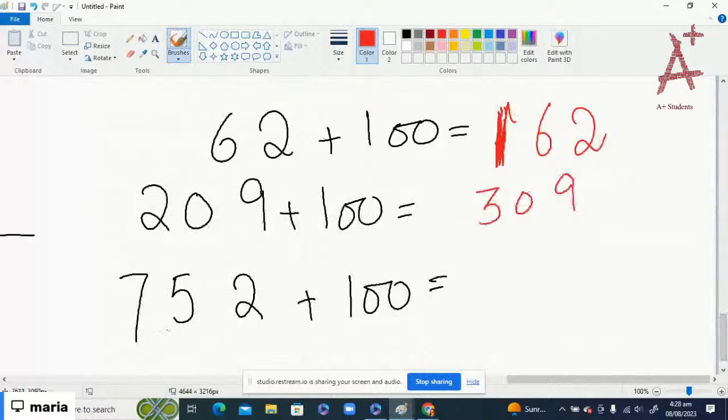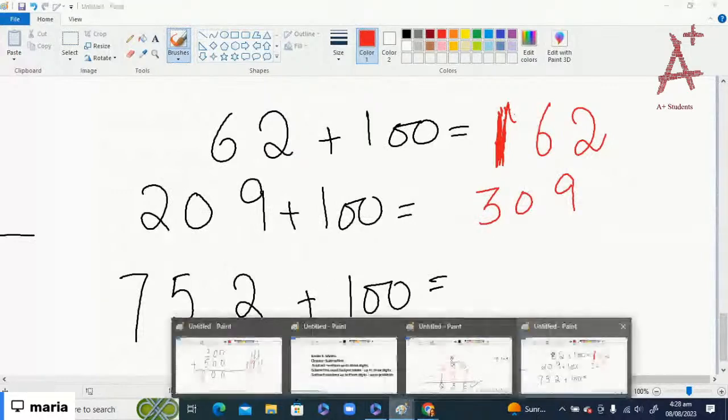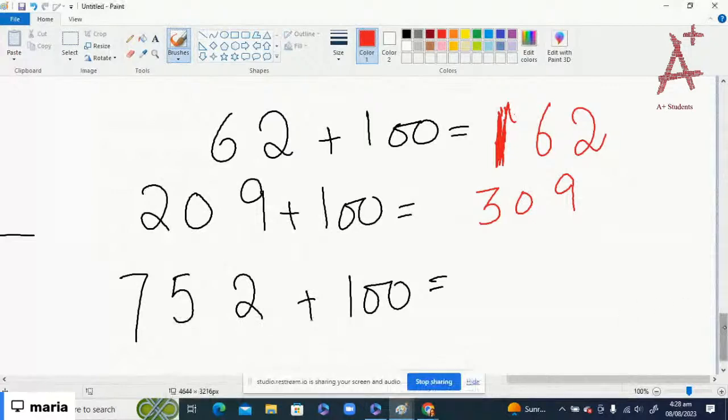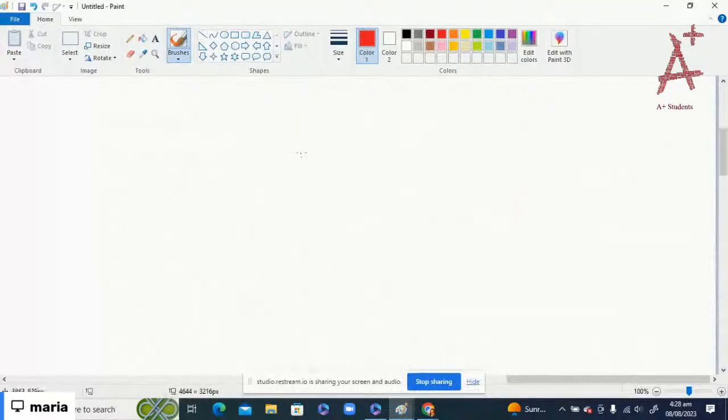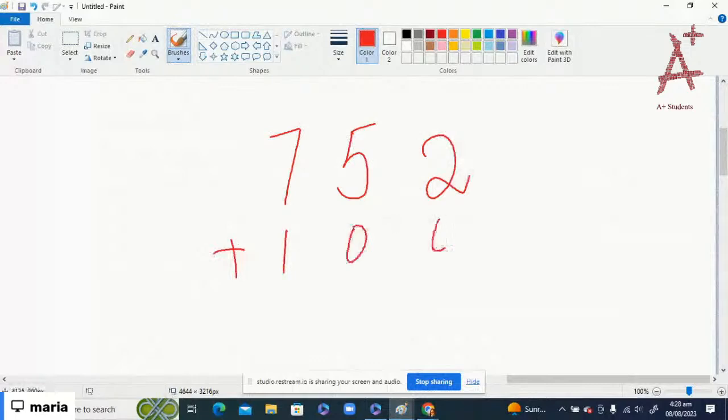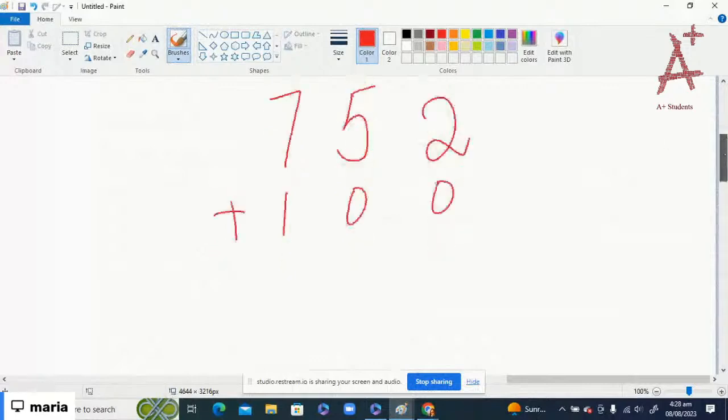Okay, what's the answer for that? 752. 752 plus 100. 2 plus 0.